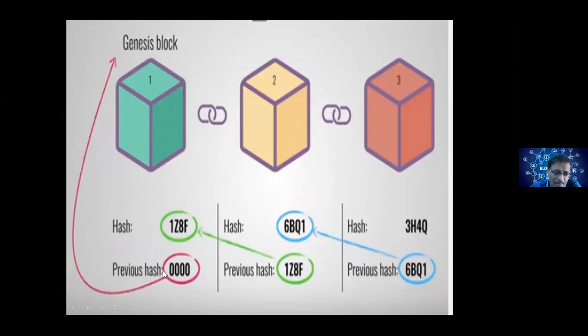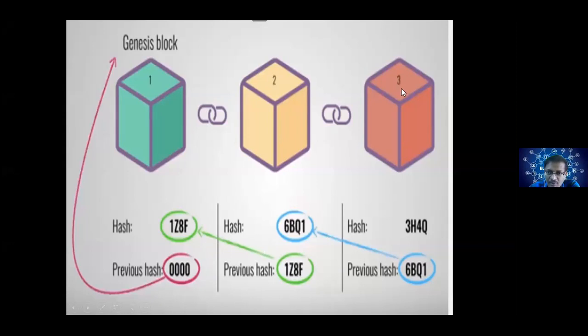And what is the previous block hash? Before the genesis block, we don't have any previous block, so obviously the previous block hash will be all zeros. All characters will be zeros. The next block's hash is 6pq1, and the previous hash of this block is 1z8f. So the hash of this block is 6pq1 and the hash of the previous block is 1z8f.